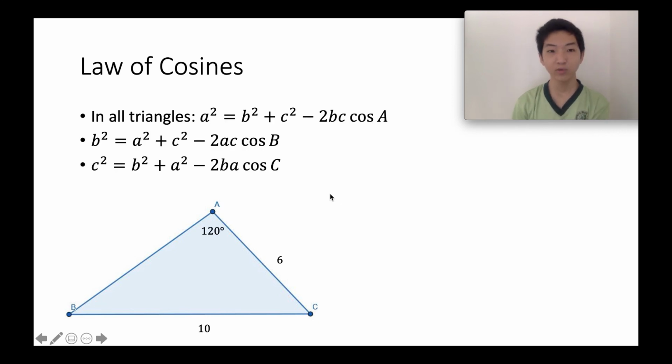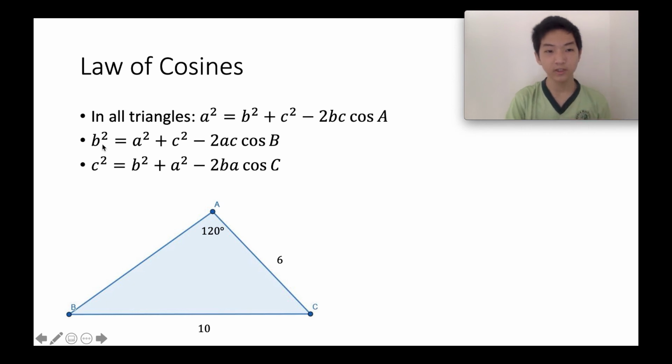So next, we'll be going over the law of cosines. What it is: in all triangles, a squared equals b squared plus c squared minus 2bc cosine angle A. Now notice that this can go in any order, but the cosine of the angle must always be the angle corresponding to the side that you put first.